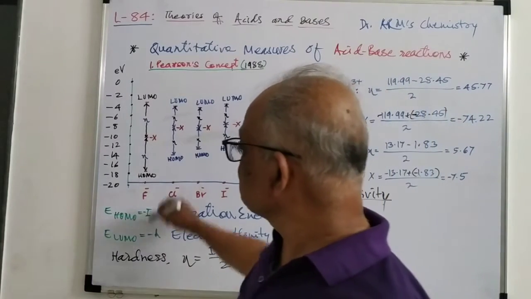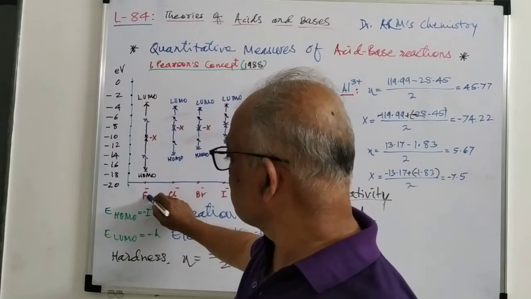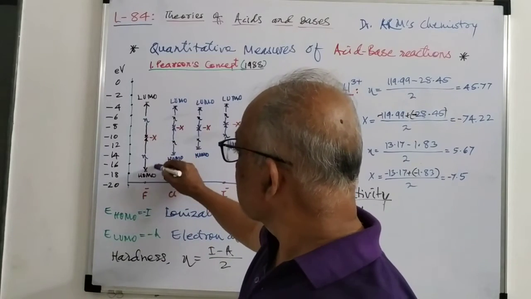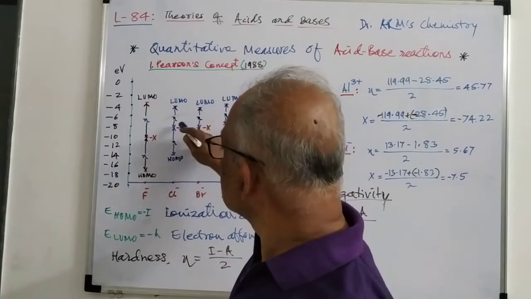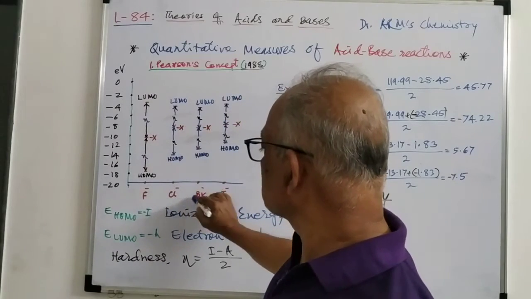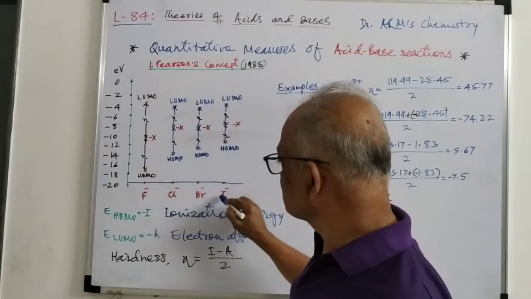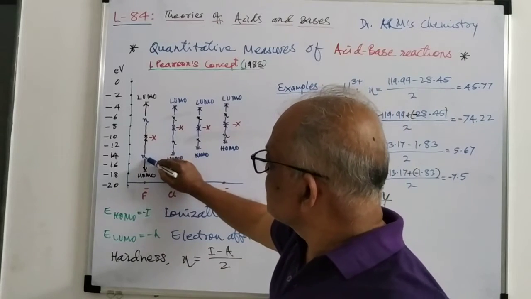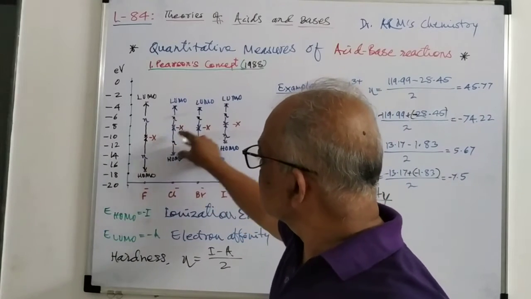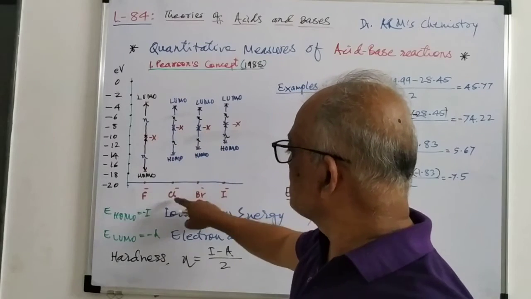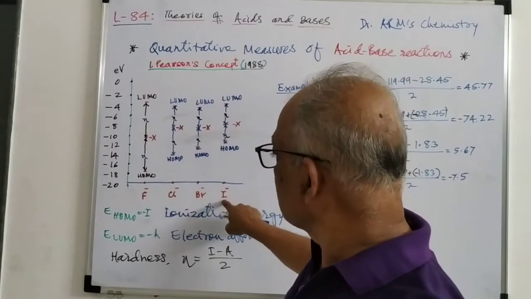If we consider the hardness of F minus, you will find that the hardness is much more compared to the other species. Compared to Cl minus, Br minus, and I minus, the eta value of F minus is much higher.